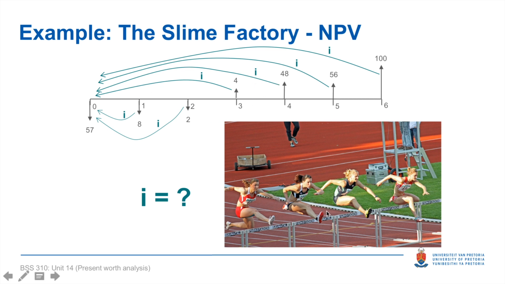So if I set this hurdle at the height of the inflation rate, and I then have a positive NPV after I've brought all my cash flows back to 0, that means that I'll be outperforming inflation. However, if I set this hurdle height at the inflation rate and my net present value is negative, it will mean that this project's finances is underperforming inflation, which means that in essence I am losing purchasing power.